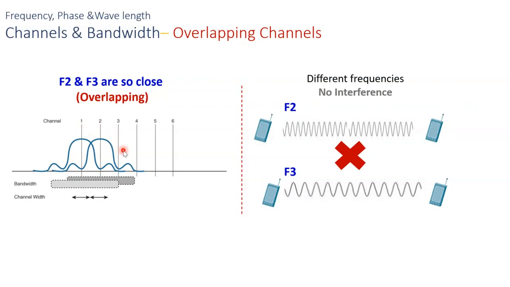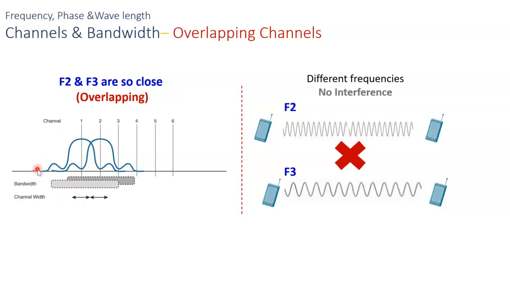So always use different frequencies to avoid interference and keep a distance between the channels. If you are using channel 1 for the first user, use channel 6, for example, for the second user. Don't use a neighboring channel, because if the signal bandwidth is higher than the channel width, I will have overlapping.